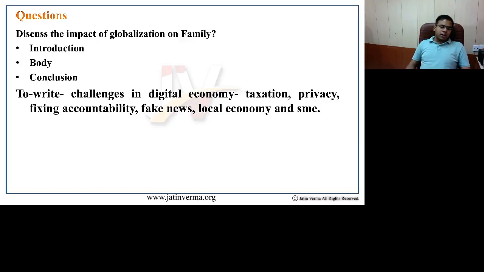Again, I'd like to talk about the impact on family function. Previously, family was the place where initial education and initial socialization used to happen. Today there exist agencies which provide such facilities.